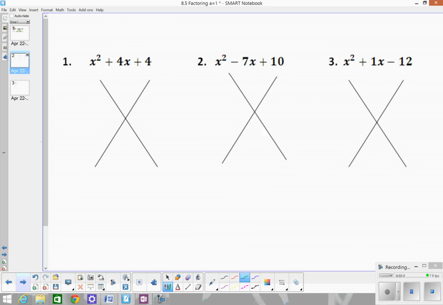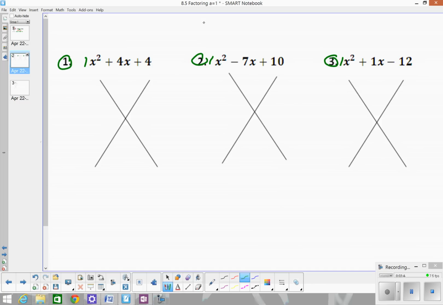You could see for all of these examples, 1, 2, and 3, the a value is 1. Next section I'm going to be dealing with these types of general trinomials where the a value is not equal to 1.